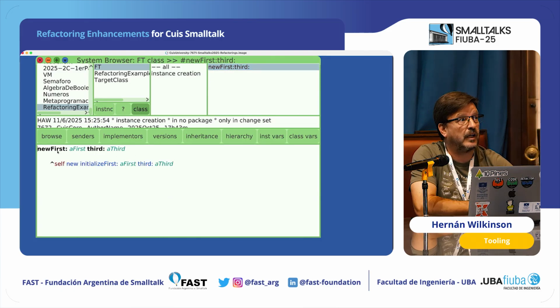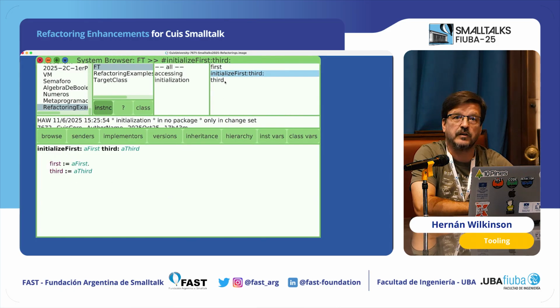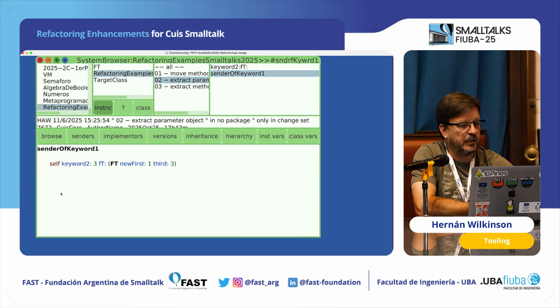In this case, it's using the same keywords that happen to be the same as the parameters. It initializes the instance, and in this case, it only implements the getters for first and third because we are not changing those objects in the code that we're extracting. And in the case of the sender, the message was renamed to, in this case, keyword 2, and the name of the class.